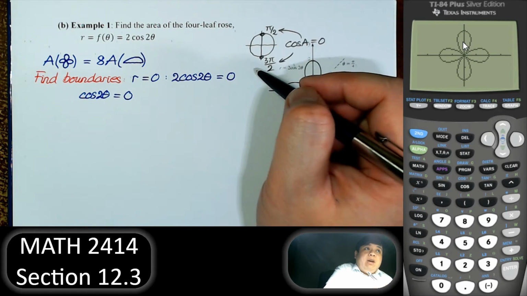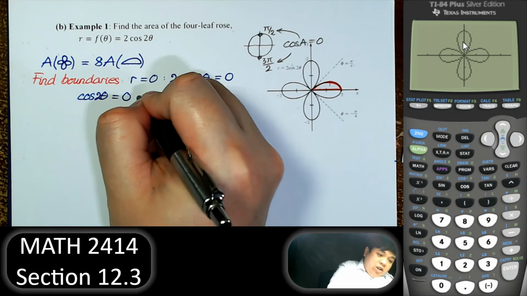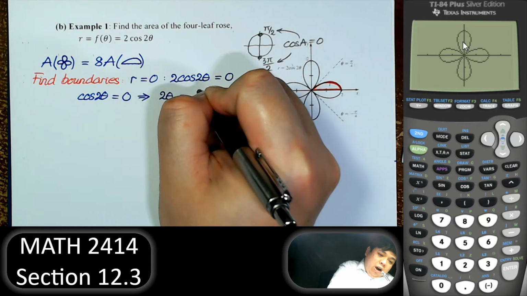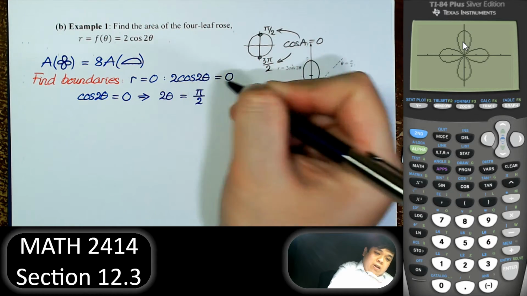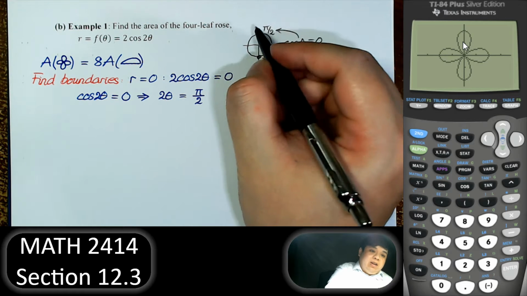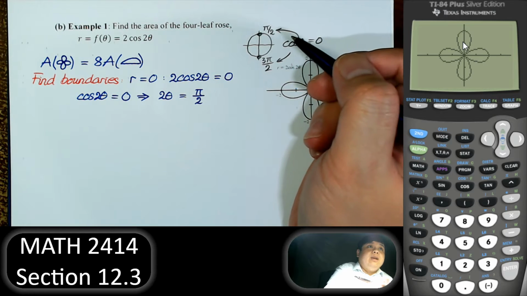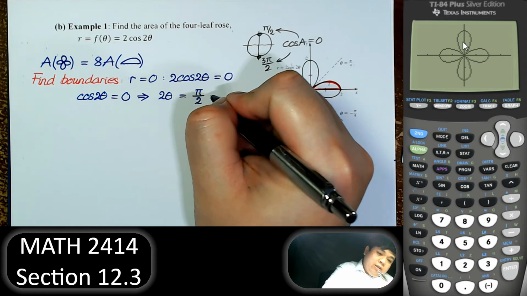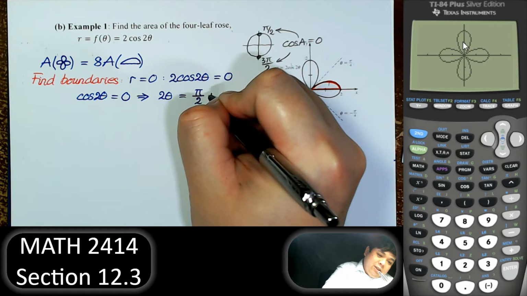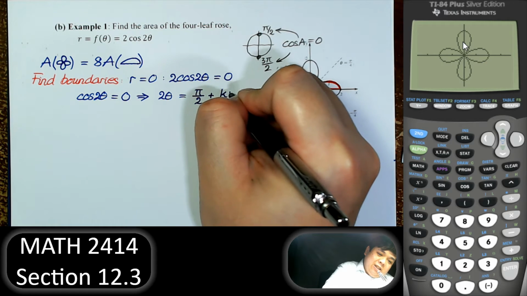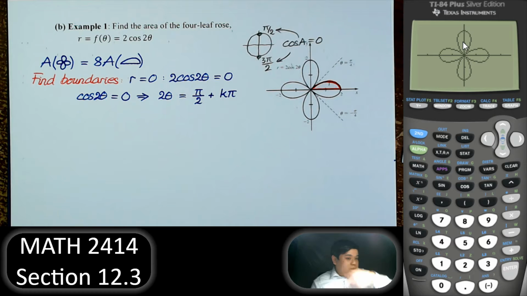We can do that, however, because of the multiple angle here, in general I will write as follows. 2 theta equal to pi over 2, and then add the pi to it, right? Then add the pi. We'll just say pi over 2 plus k pi, meaning that pi over 2, 3 pi over 2, 5 pi over 2, and so on.